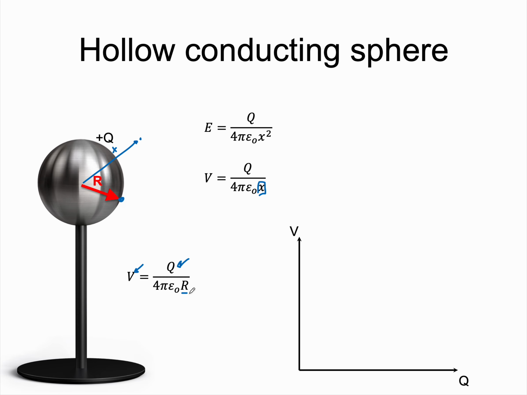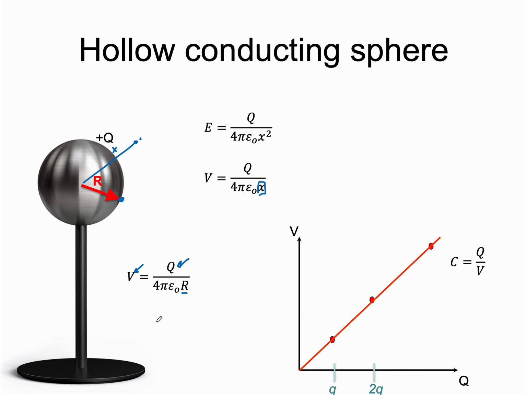The radius of this thing is constant, epsilon naught is constant, pi is constant, 4 is constant. So if you charge it to Q, you get some particular voltage. If you charge it to 2Q, you get twice that voltage. And you can continue that on, and you'll discover it's a beautiful linear graph. And you're like, yeah, that makes sense.